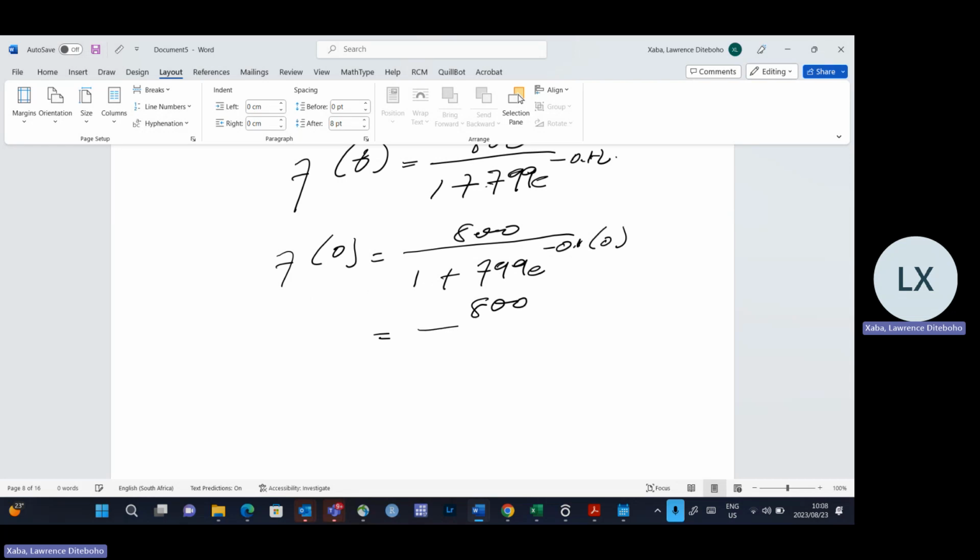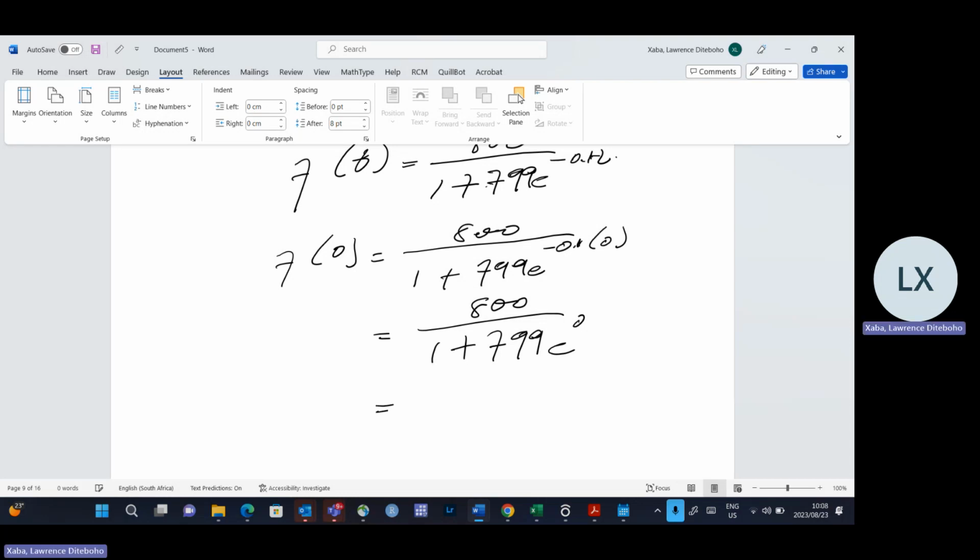So we'll have 800 there. We have 1 plus 799 e to the power 0. So e to the power 0 is 1 there.